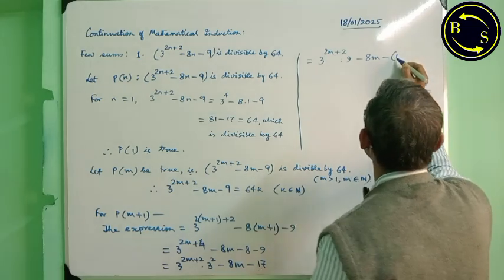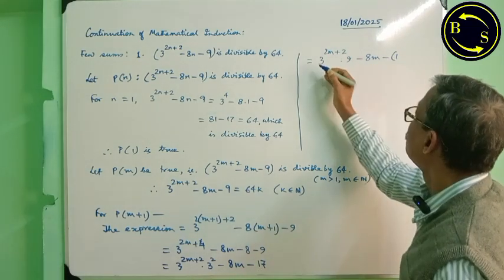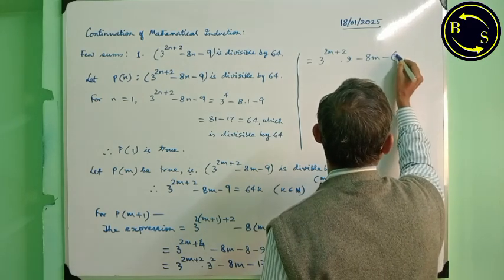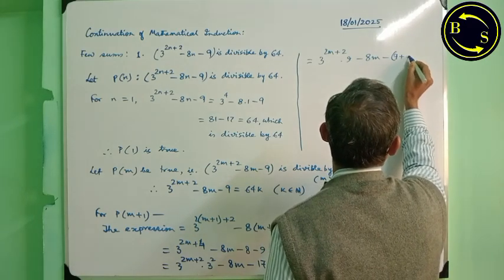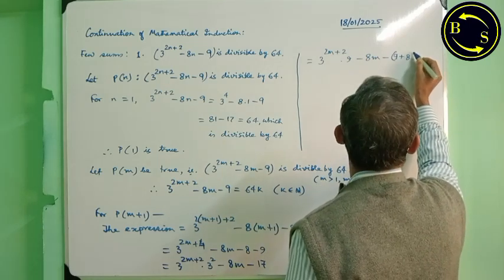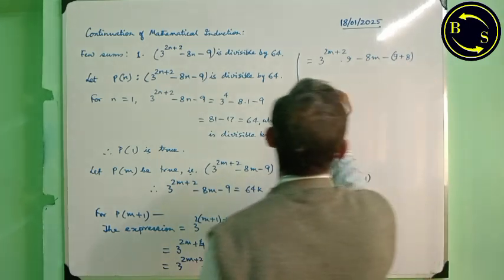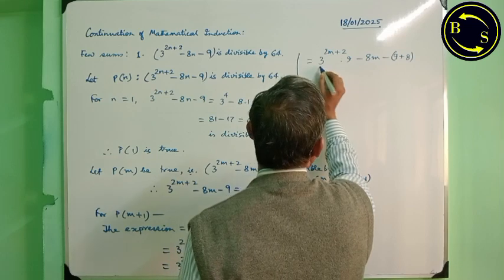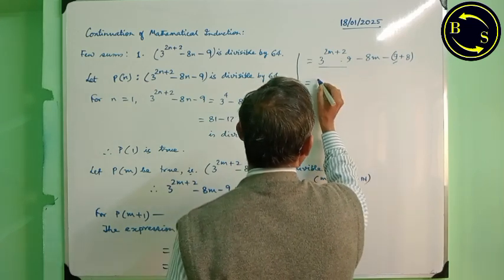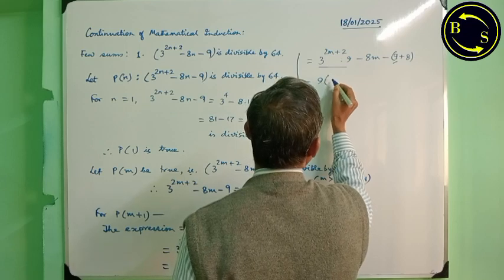If I write 9 plus 8, then 9 will be common factor. Now, taking these two together, 9 will be common factor.